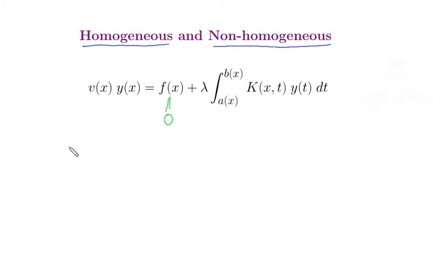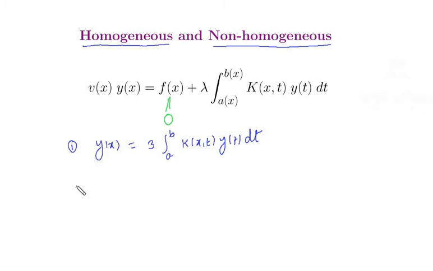For example, y of x is equal to 3 integral from a to b of K(x,t) y of t dt. Now in this case, though I have written a and b, these a and b are constants. So y of x is equal to 3, a and b are constants, K(x,t) again I have taken a general kernel, y of t dt.